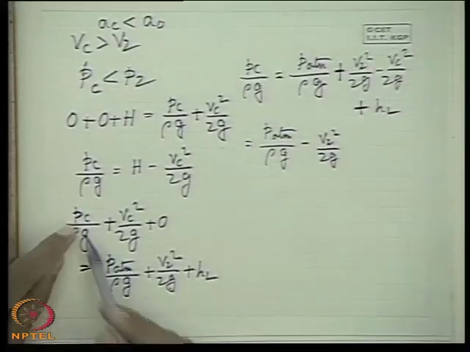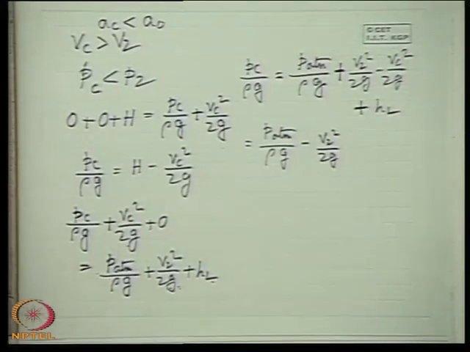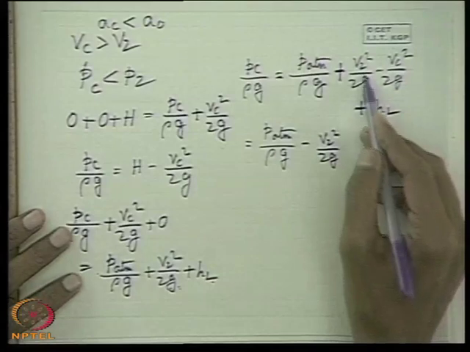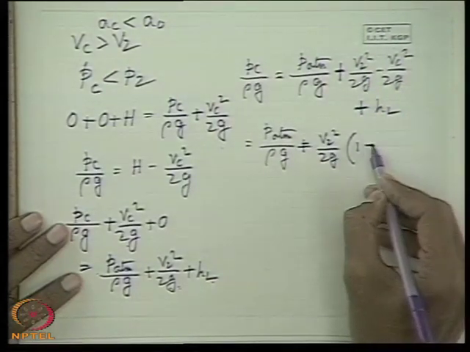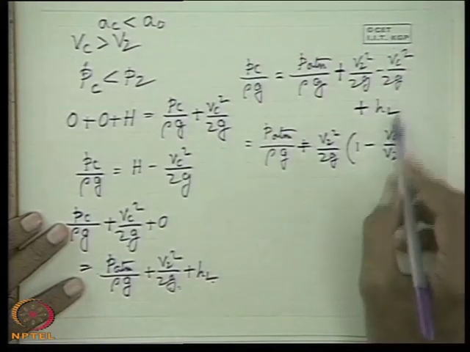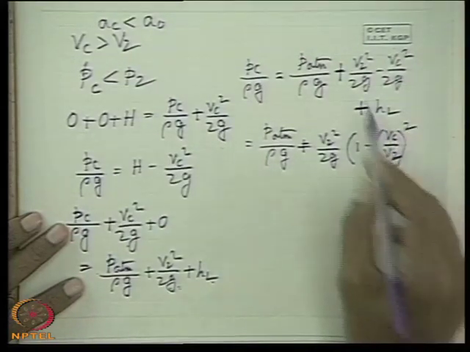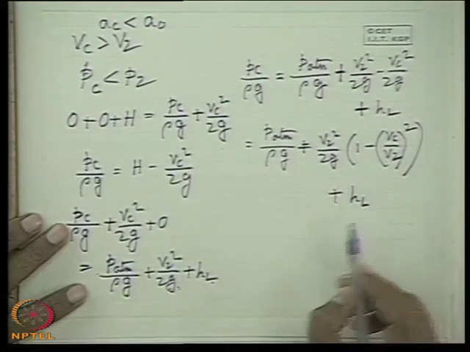So Pc by rho g is P atmospheric by rho g minus Vc square by 2g, V2 square by 2g plus HL, very good. So now minus V2 square by 2g, 1 plus V2 square by 2g, 1 minus Vc by V2, whole square, plus HL. What is H?